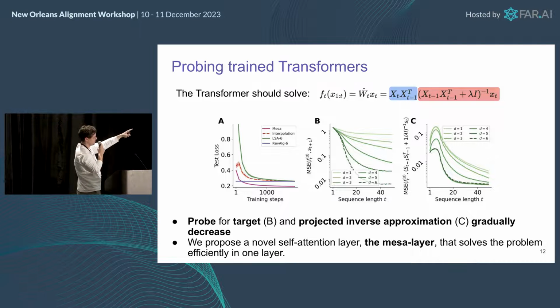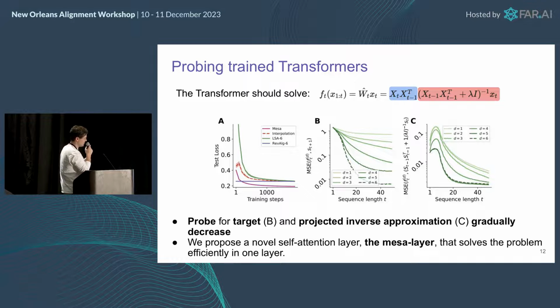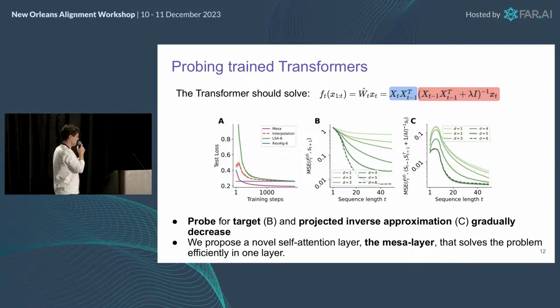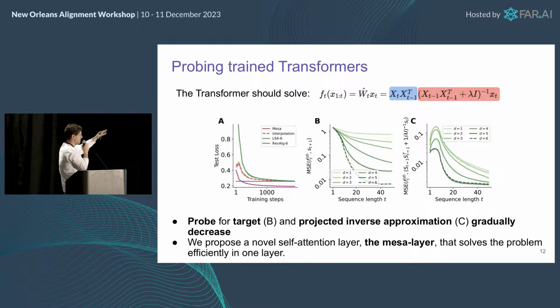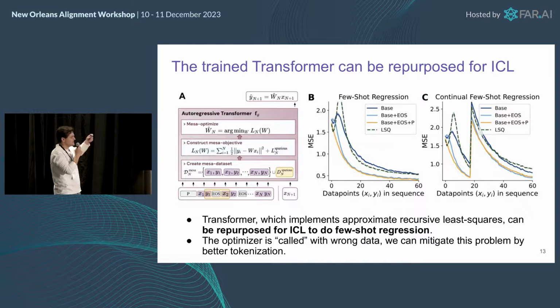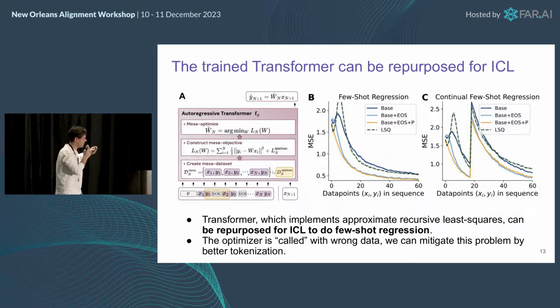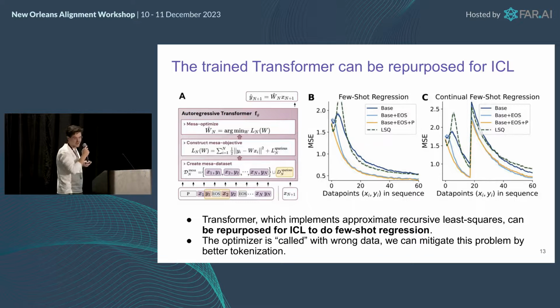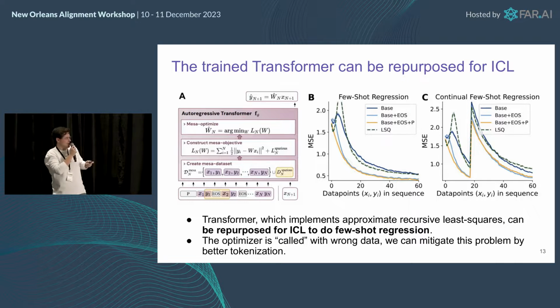So you can probe for the approximated projected matrix inverse here, and you also see this nicely decreasing. So it actually implements, or seems to be implementing, something similar. And kind of closing the circle, you can now use this as an in-context learner as well.